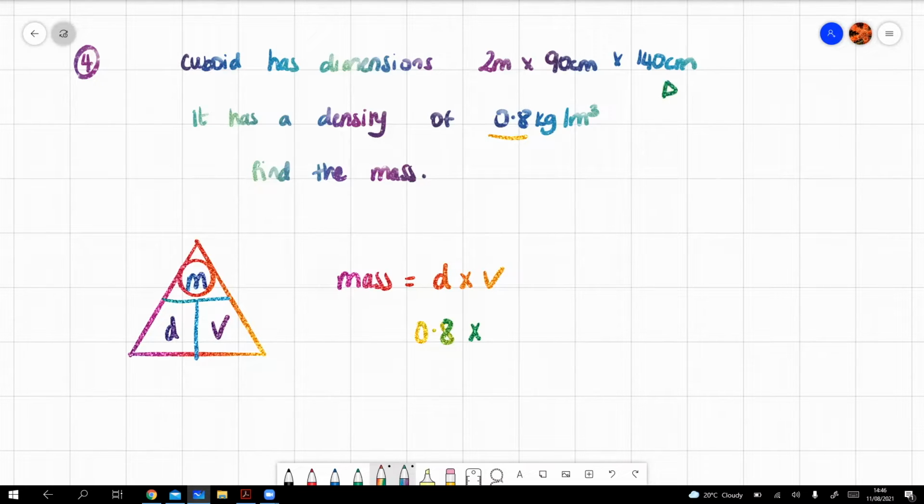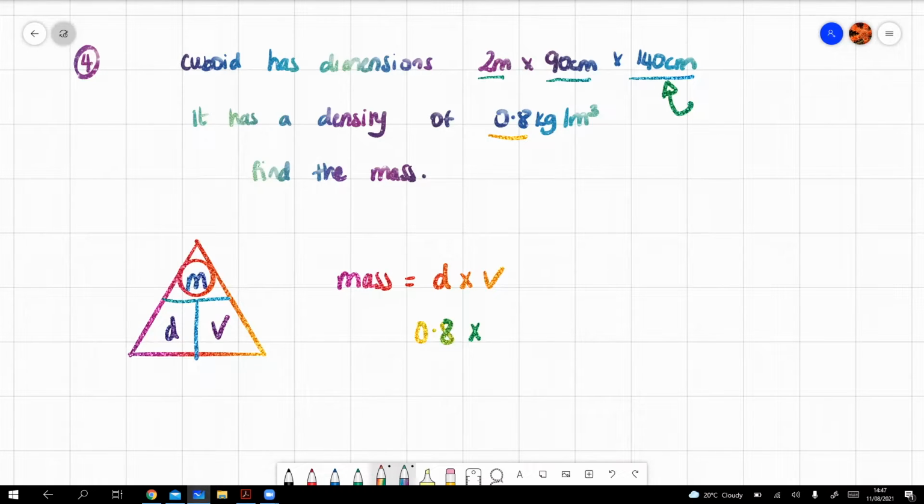Now just have a look here. We have a bit of a problem. I've got a measurement in meters, I've got a measurement in centimeters, and I've got a measurement in centimeters. So we have a problem here. Now, we have to note here that we've got a difference of units, haven't we? Now, we need to choose our units very carefully.